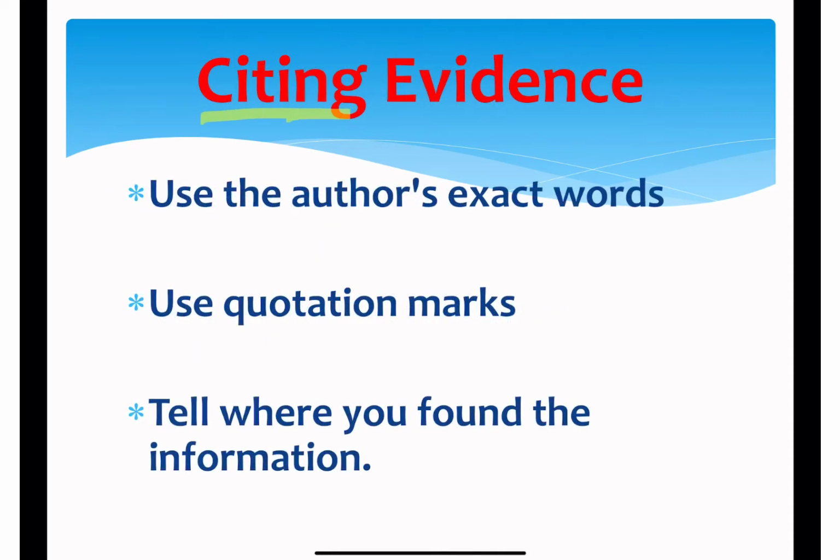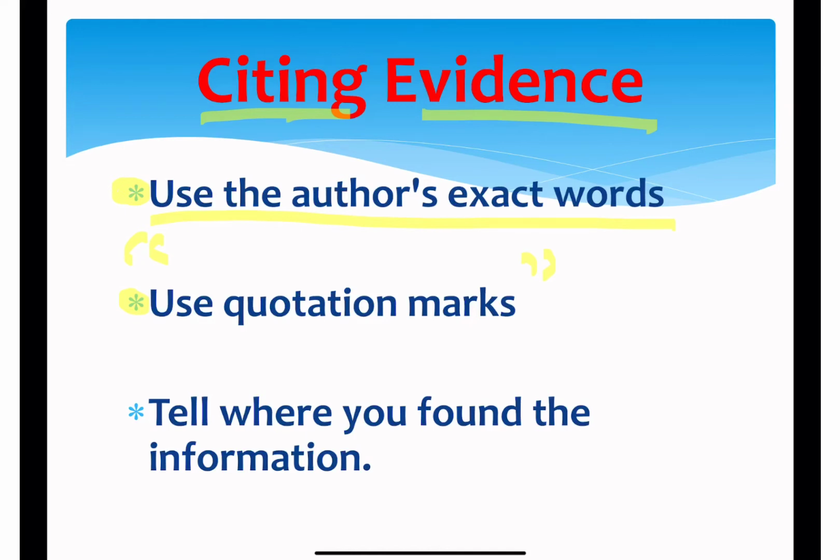When citing text evidence, if you've decided to use the author's exact words, you must use a quotation mark. Why do I want you to use a quotation mark? Because the book did not belong to you. It's almost like you're taking somebody's property without telling them. That's a crime. That's copyright.